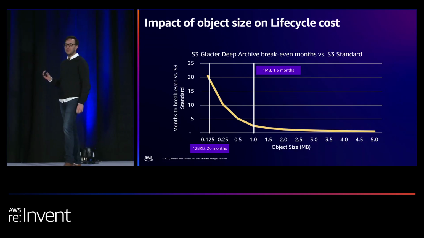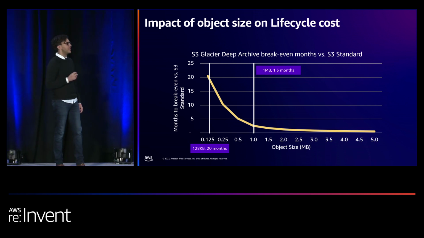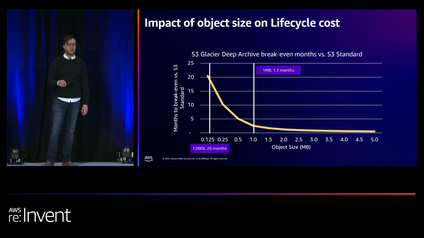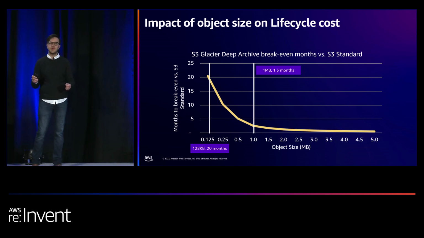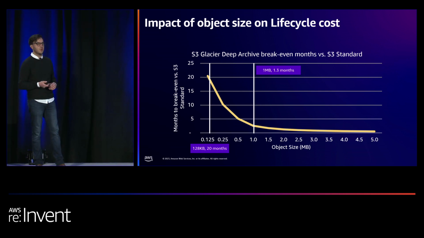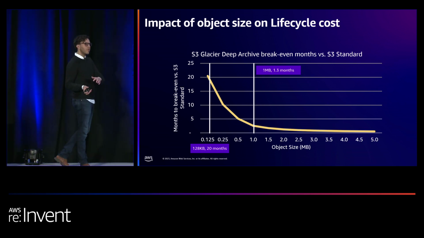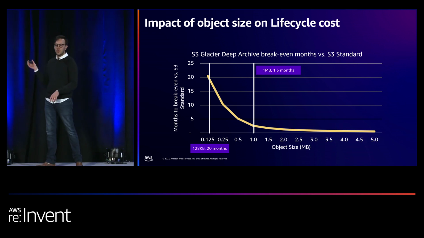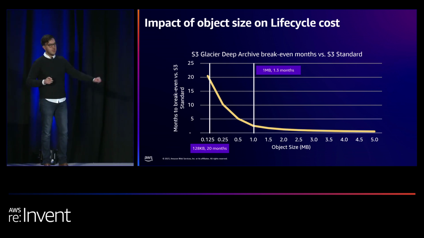Now, there's a very important angle to consider when it comes to the duration of storage and the average size of your objects. It's important to consider not only because storage classes have minimum storage durations, but because they have lifecycle transition costs, where you're paying a per request fee to move data from one storage class to another. If we look at this particular example, we're comparing the cost savings between S3 Standard and S3 Glacier Deep Archive.